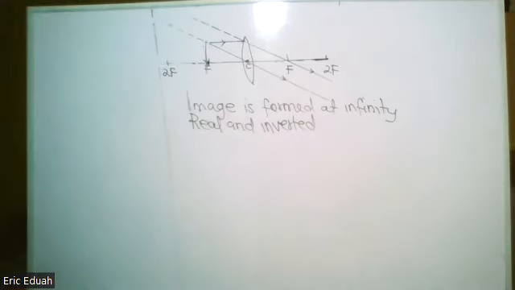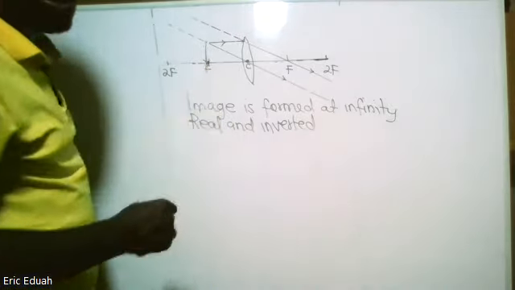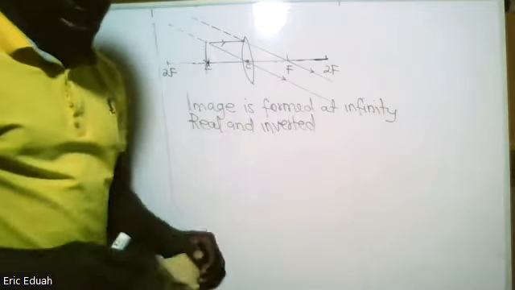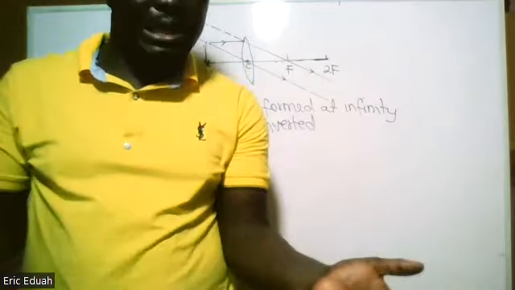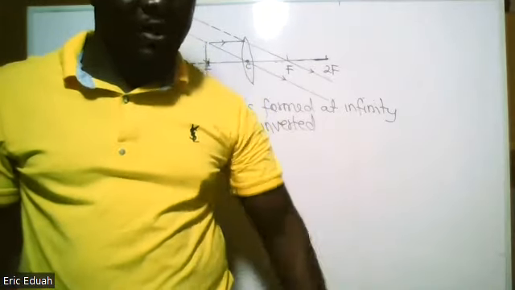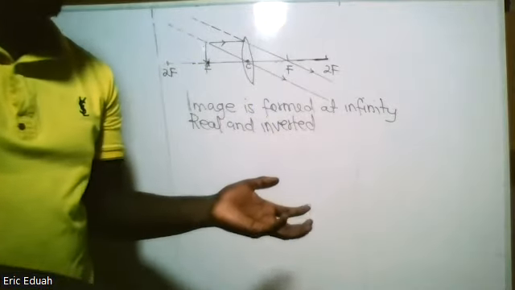No, here we are looking at different positions of the object on the principal axis. When the object is at the center of curvature, I know what kind of image will be formed.